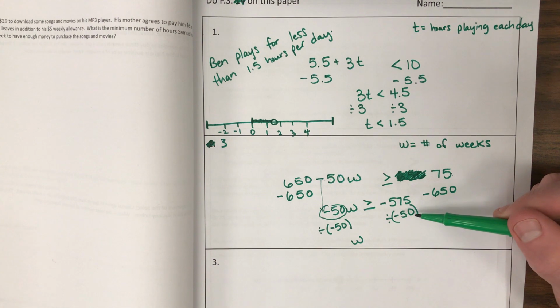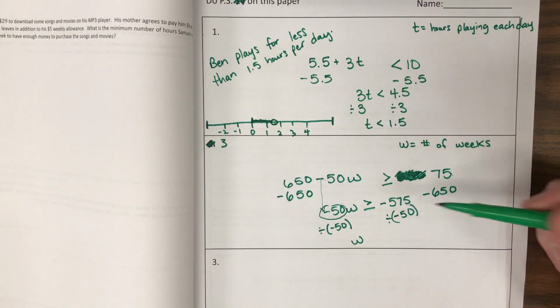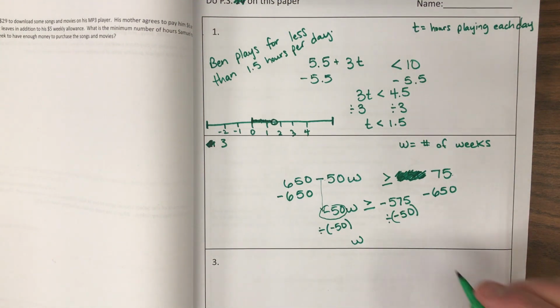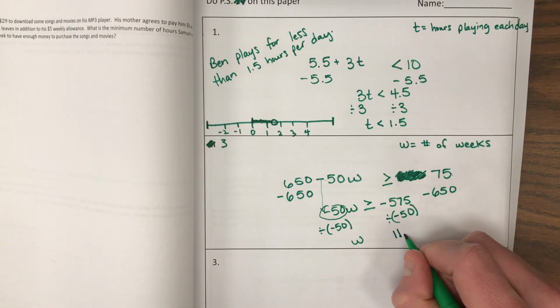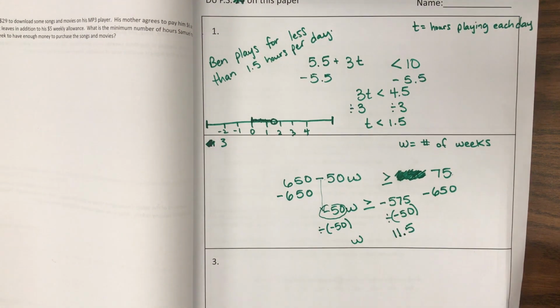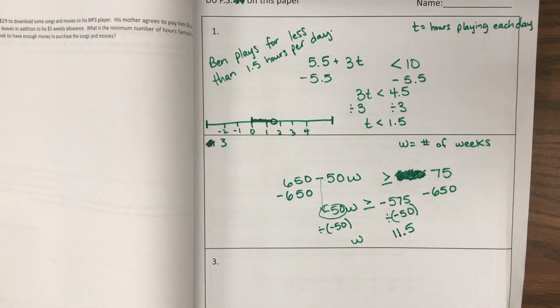And then one more 50 would get me to 550, so that's 11. And I'd have 25 left over, and 25 is half of 50. So I'm pretty sure this is going to be 11 and a half, or 11.5.